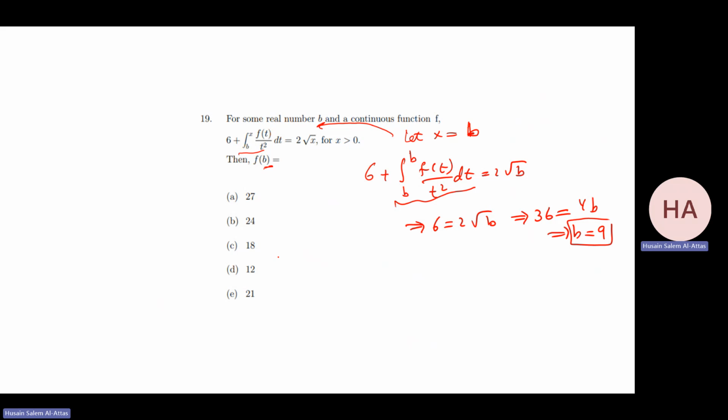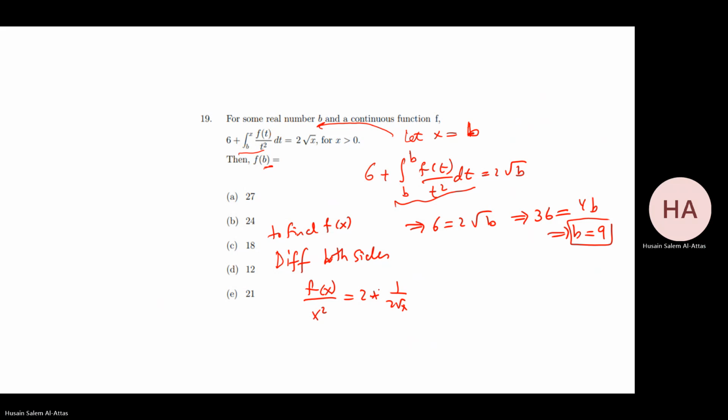This is b. I want f of x. How to do f of x? Differentiate both sides. Define f of x. Differentiate both sides. We get what? Derivative of 6, 0. This one is what? F of x over x squared. And the other one, 1 over 2 square root of x.